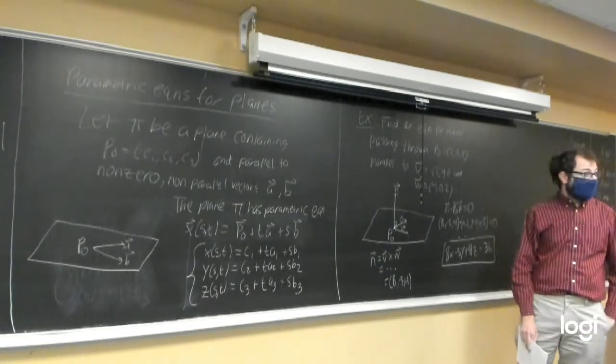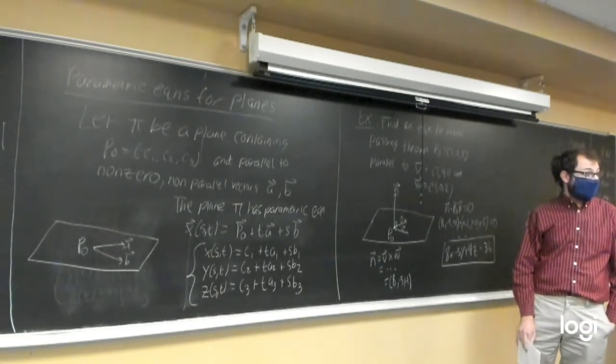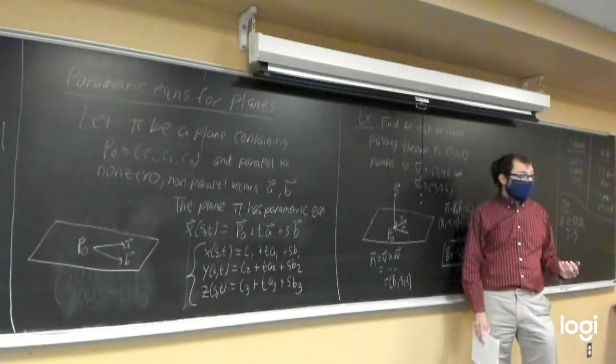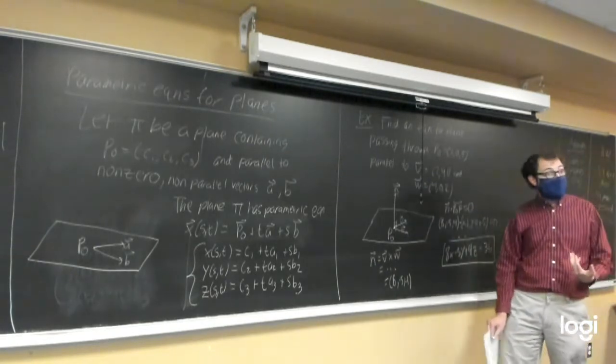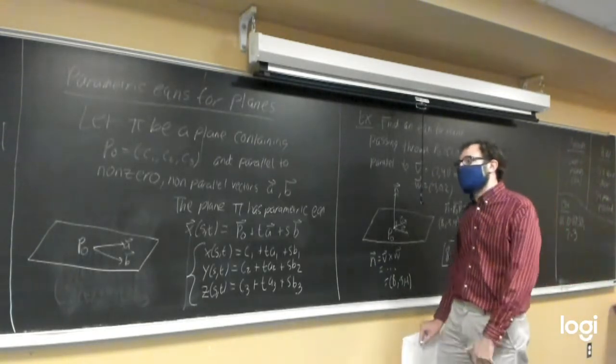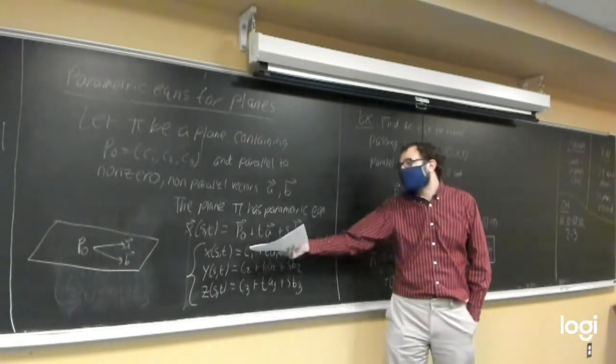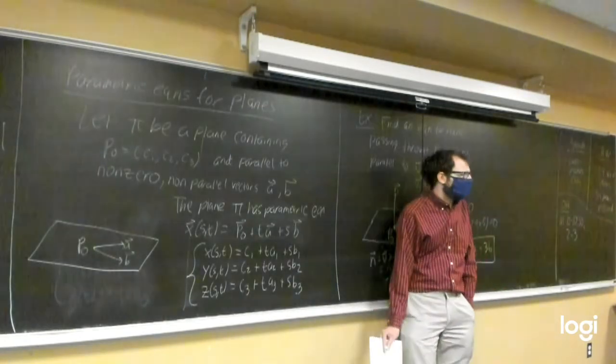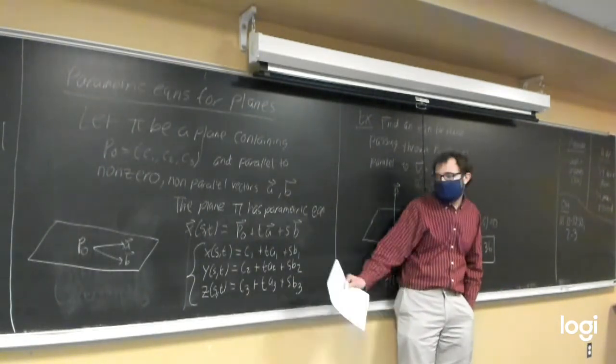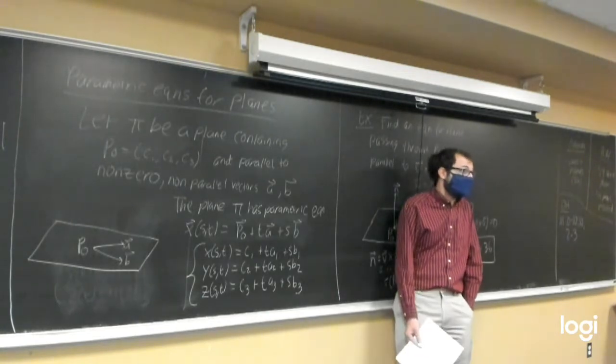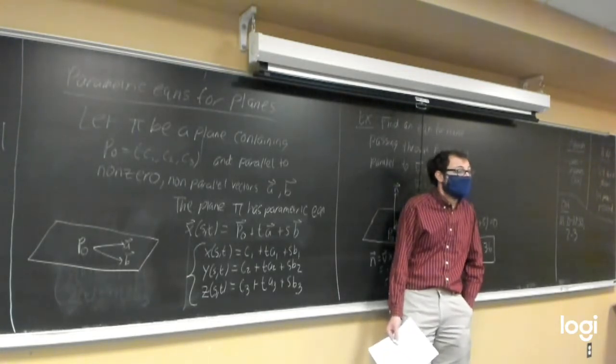And that is going to give us a way of defining our plane using the same sorts of parametric coordinates that we did in defining lines. But looking at these parametric equations, can anybody tell me how do these equations look different than the equations for lines looked?